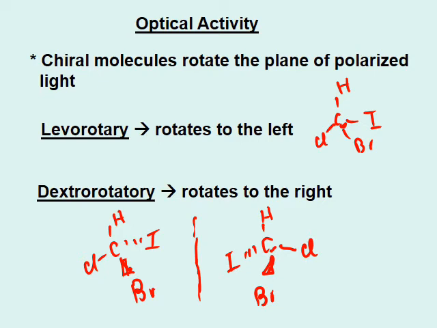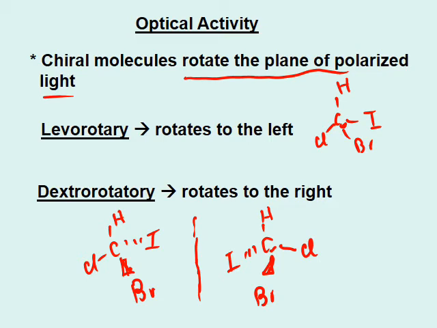Now, one interesting thing about these chiral molecules is they have almost identical physical and chemical properties, but in one property they're distinctly different: what we call rotation of plane of polarized light.